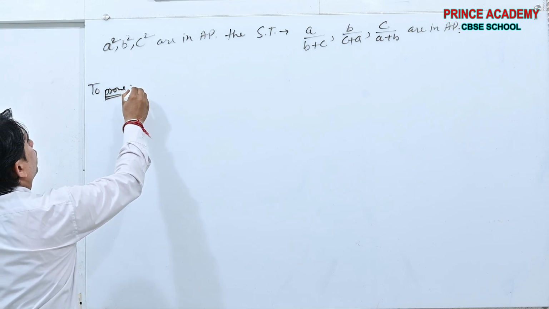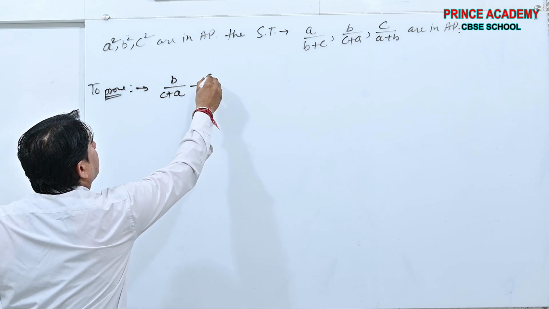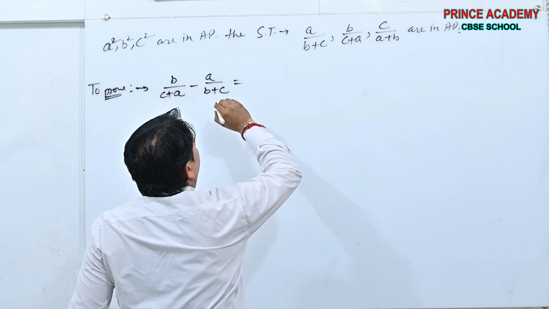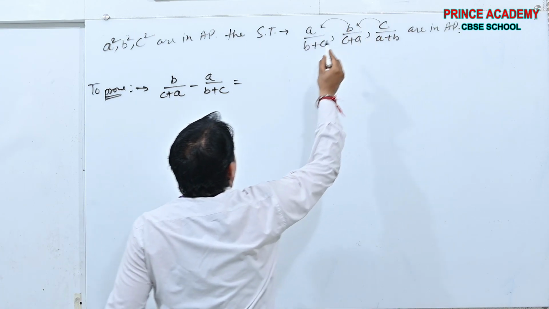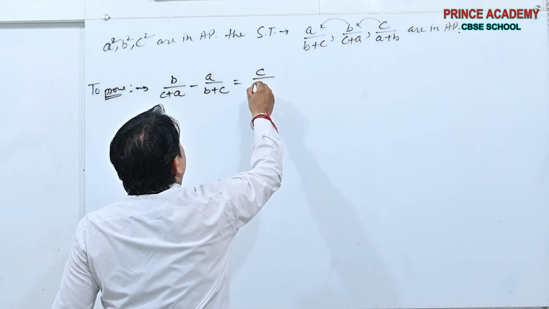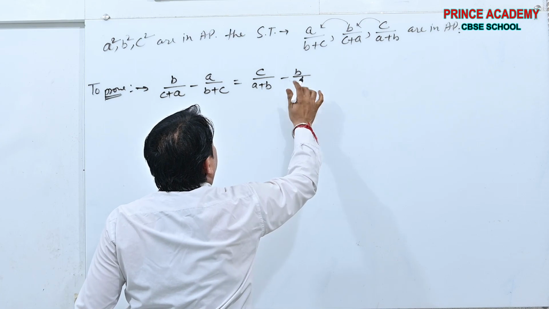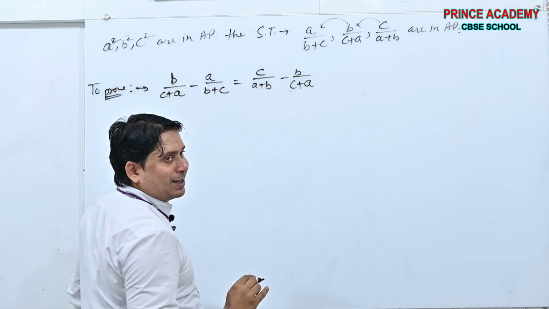We have to prove b by c plus a minus a by b plus c is equal to c by a plus b minus b by c plus a. Okay, we have to prove this is equal to this.